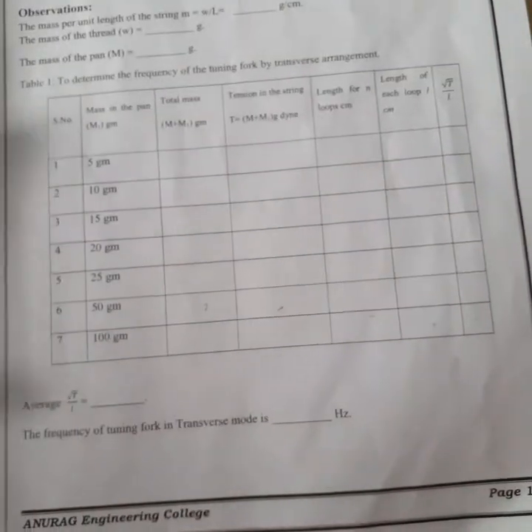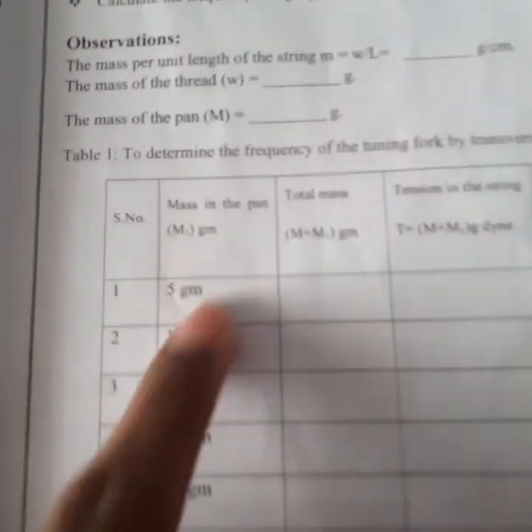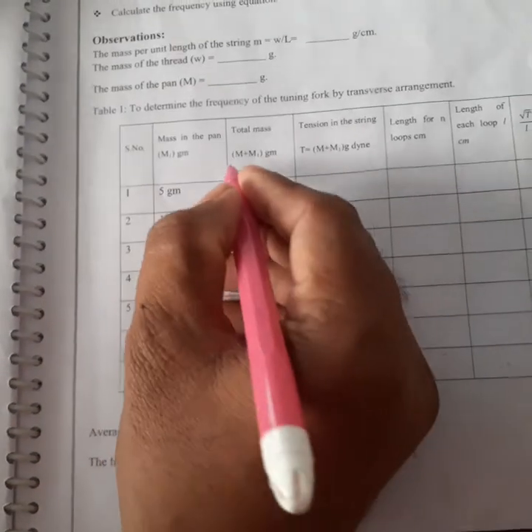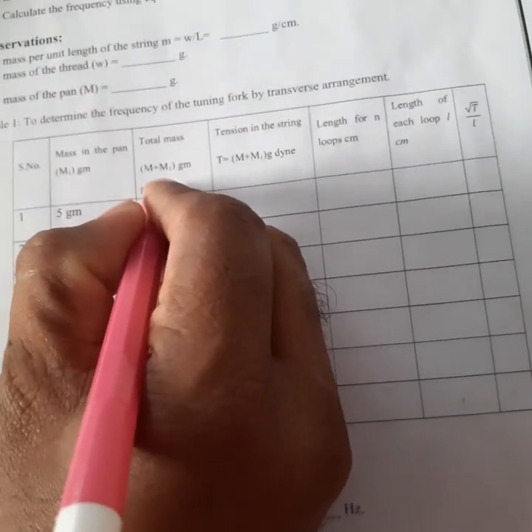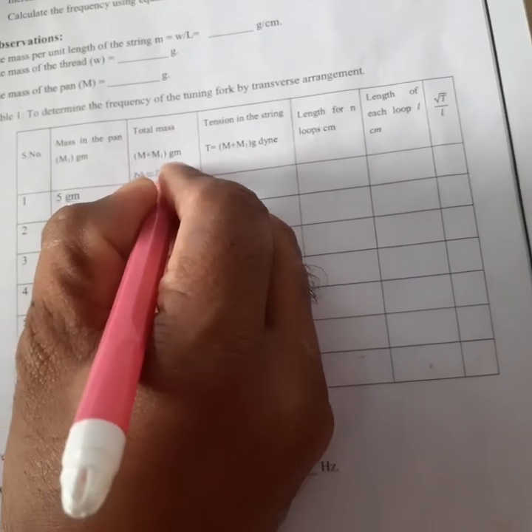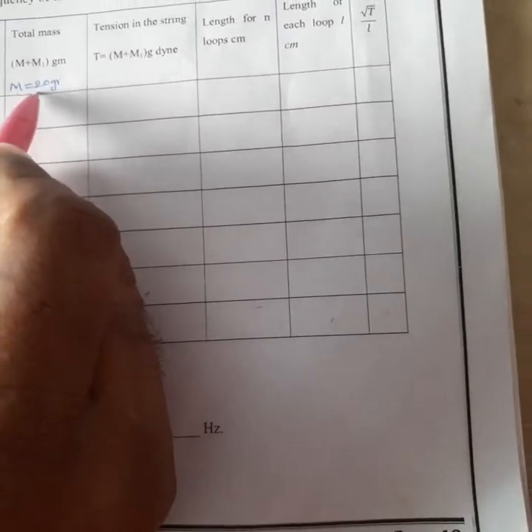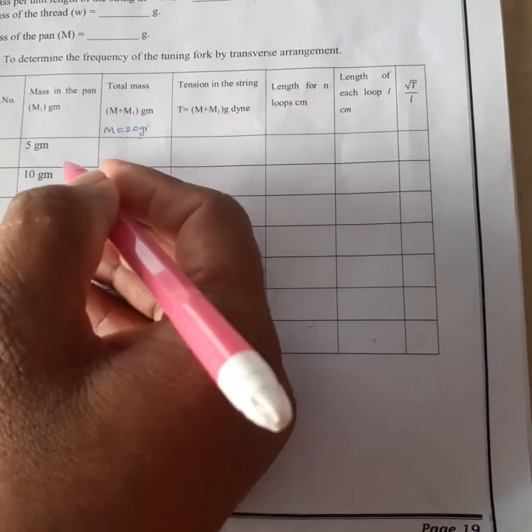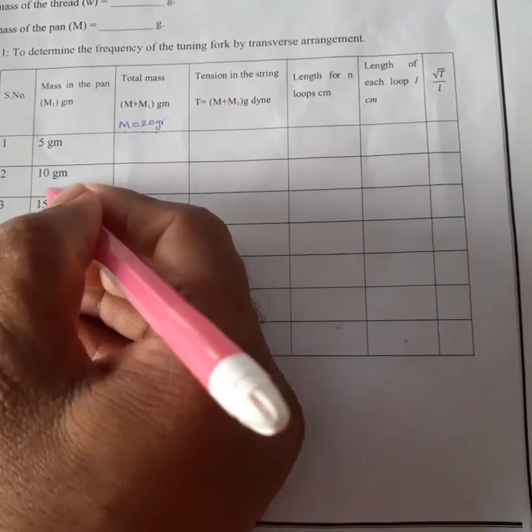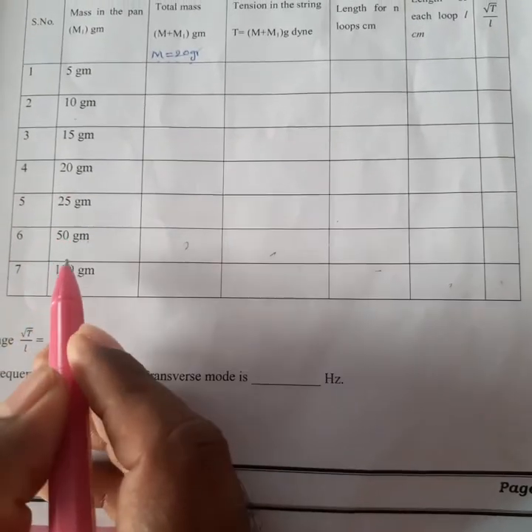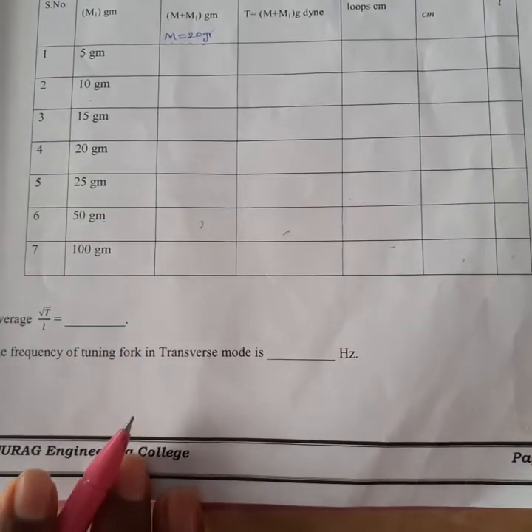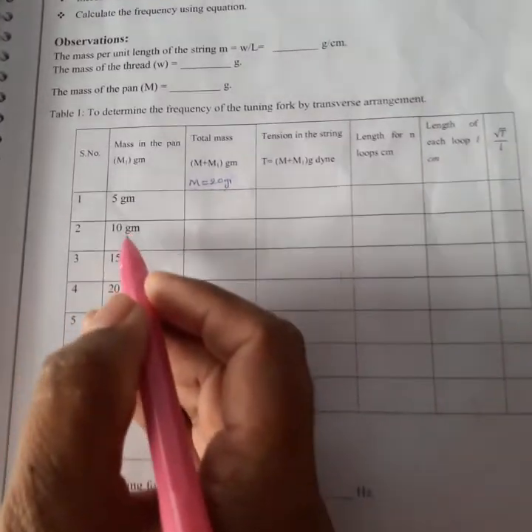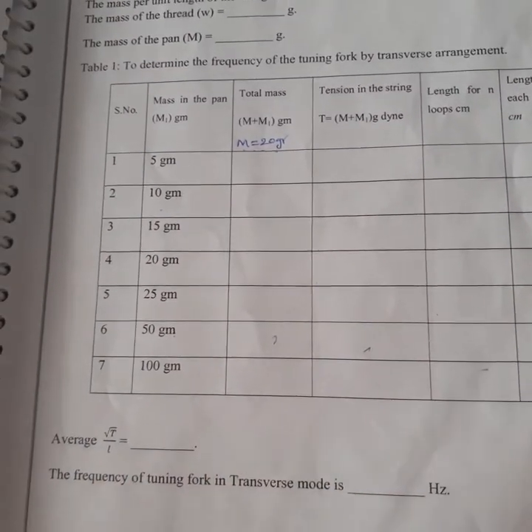So here, the mass of the pan, capital M, is 20 grams, the standard value, that is the weight of the pan. We add different masses: 5 grams, 10 grams, 15 grams, 20 grams, 25 grams, 50, like that, and we increase the weight in the pan step by step.